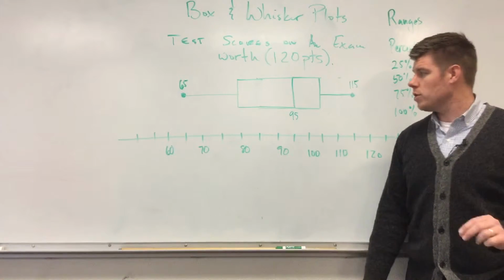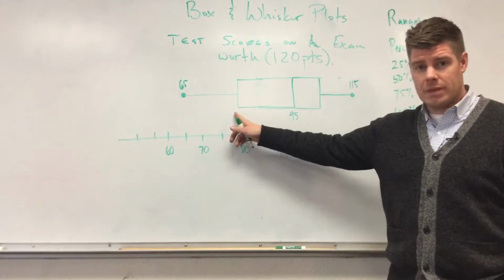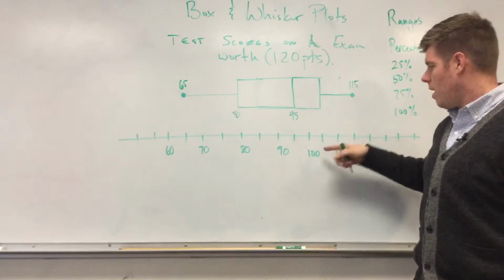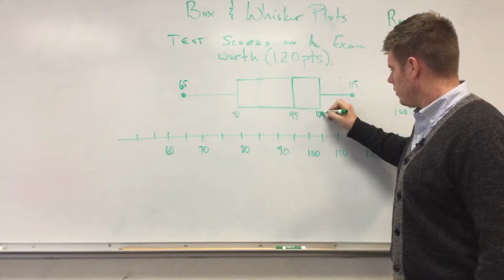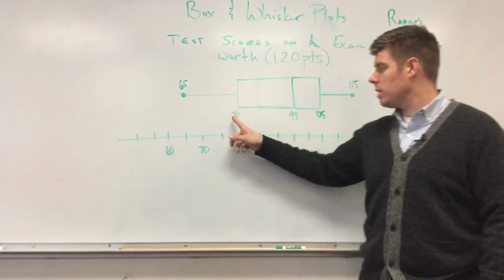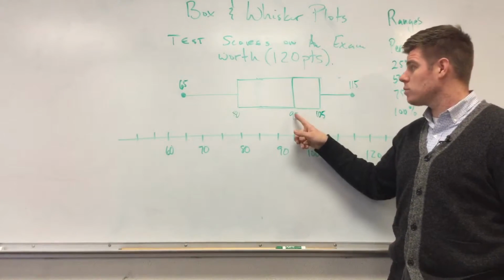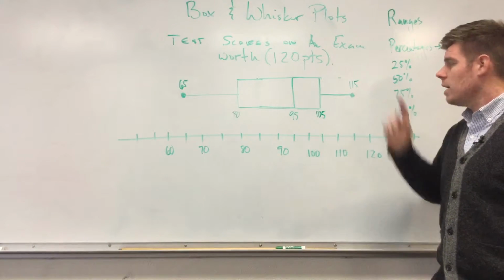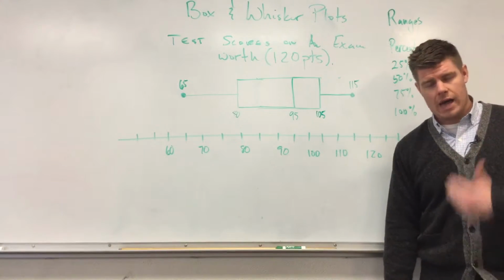You then also want to put the beginning of the box, which is 80. And then you want to put the end of the box, which in this case is 105. So these are the 5 numbers you always want to find. The low, the beginning of the box, the line in the box, which represents the median, and we'll talk about that in a second, the end of the box, and the 115, which is the high.